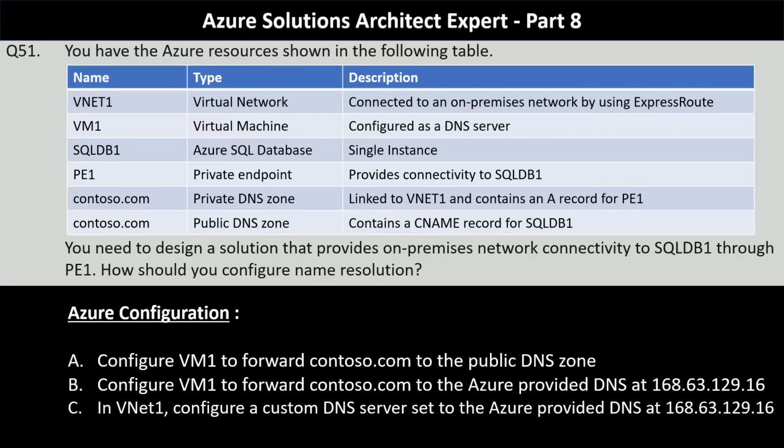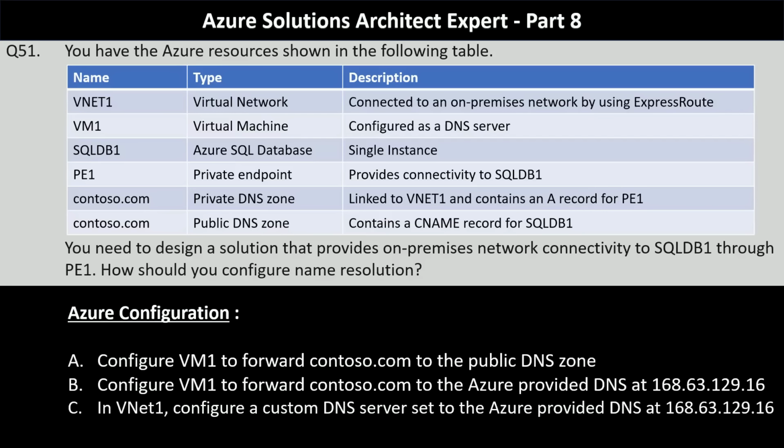Now the virtual network is connected to an on-premise network by using ExpressRoute, and the virtual machine is configured as a DNS server. Azure SQL database is a single instance database, and private endpoint provides connectivity to SQL DB1. And the contoso.com private DNS zone is linked to VNet1 and contains an A record for private endpoint 1. And the public DNS zone contains a CNAME record for SQL DB1.